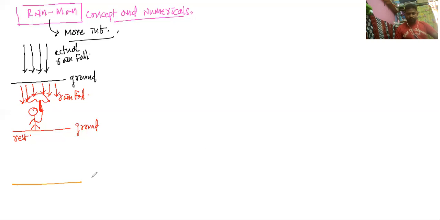The third case is the most important case. This is the ground. You might have felt the same situation. Imagine this man is running, or moving on a bicycle or in a car, any moving object he is inside.